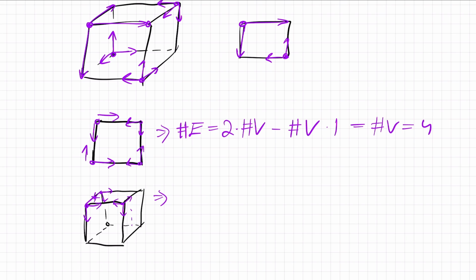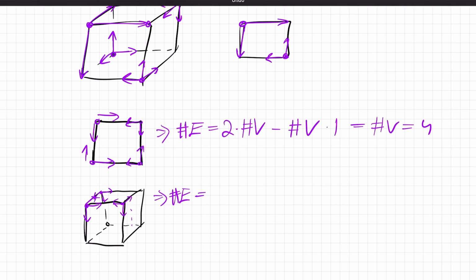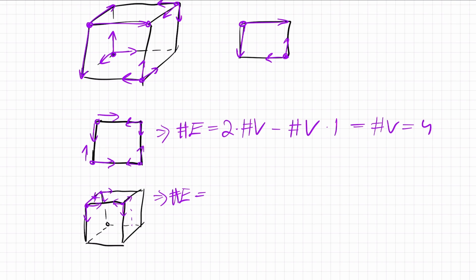Ooh, this is actually weird. Number of edges. See, every single vertice has 3 edges, but now we need to count the number of overlaps.